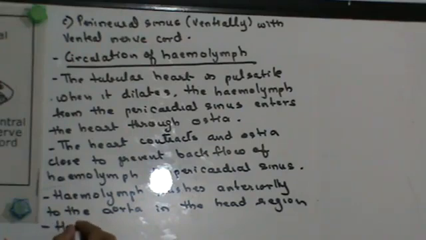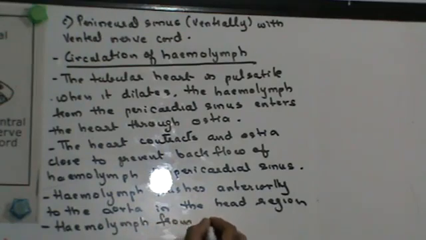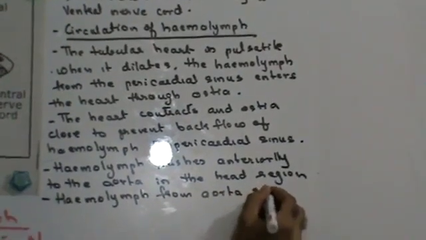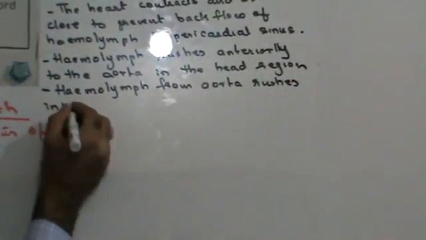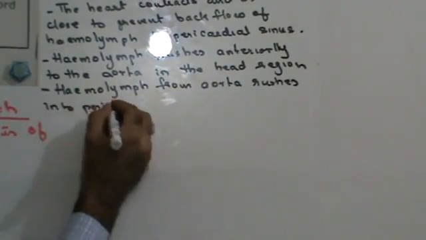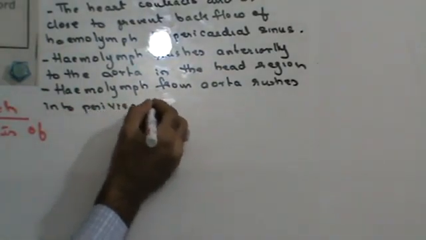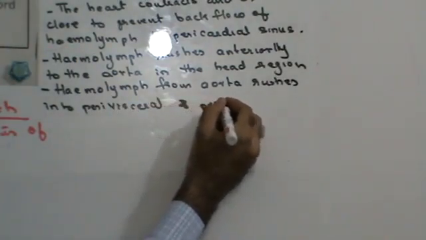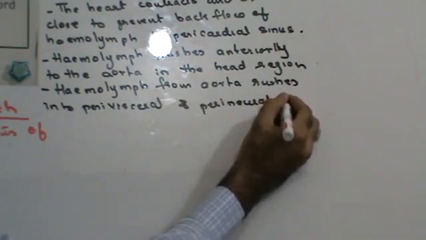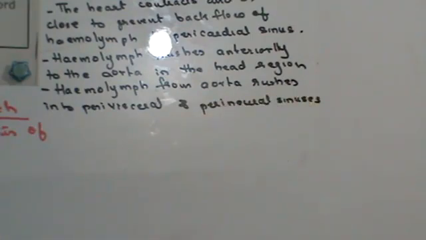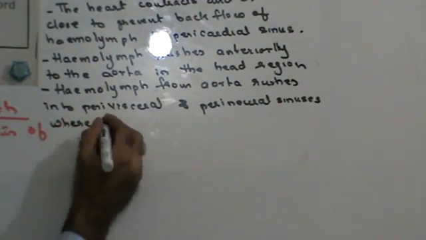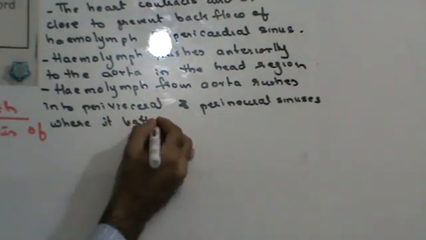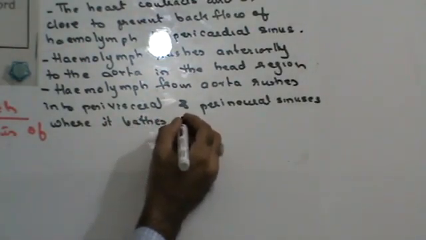The hemolymph from the aorta rushes into the perivisceral and perineural sinuses, where it bathes all the visceral organs.